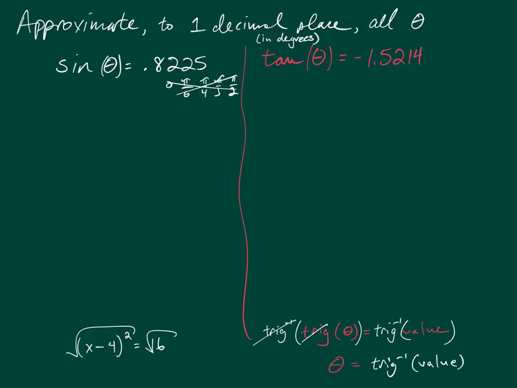But for right now, we just need to take the sine inverse of both sides. So I'm going to write sine inverse of both sides. And so what this equation will end up looking like is theta equals sine inverse of 0.8225.